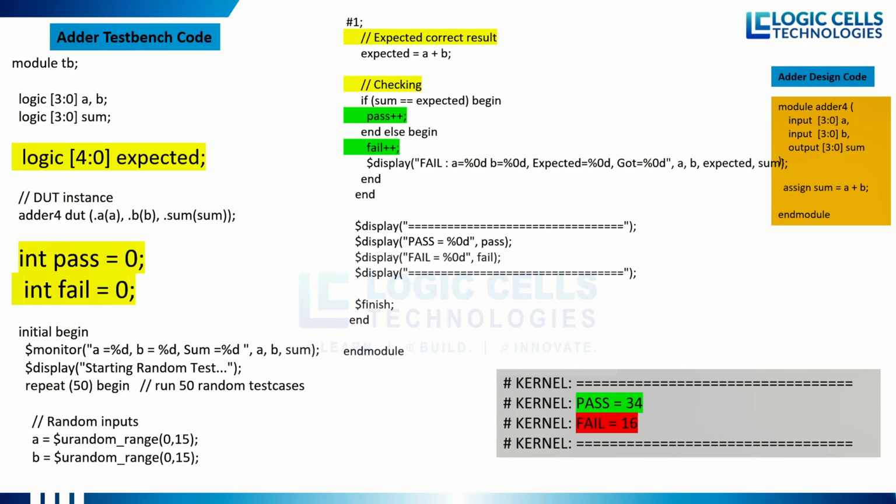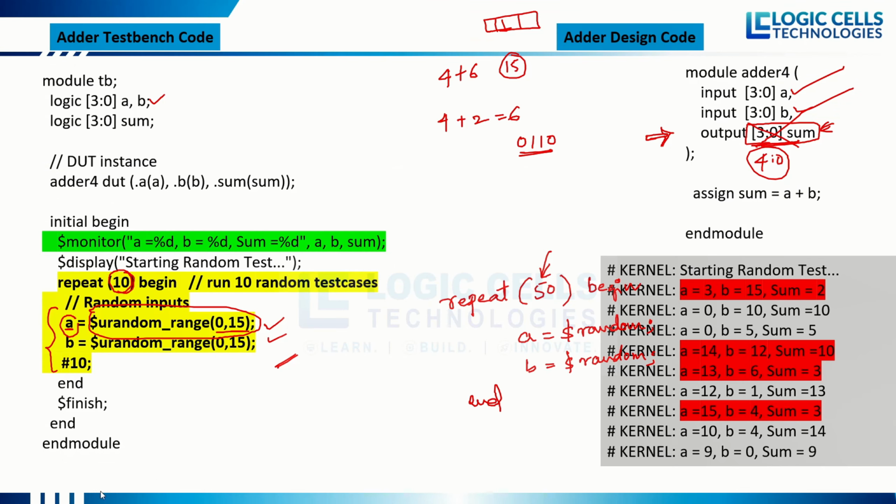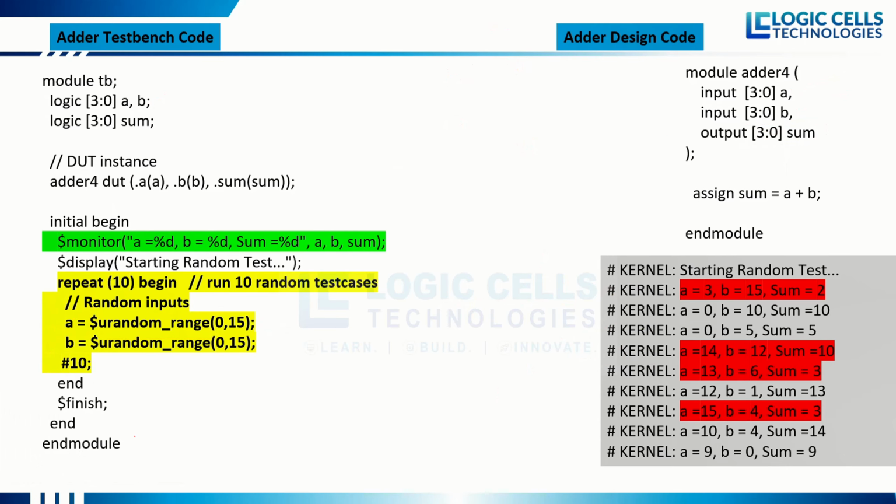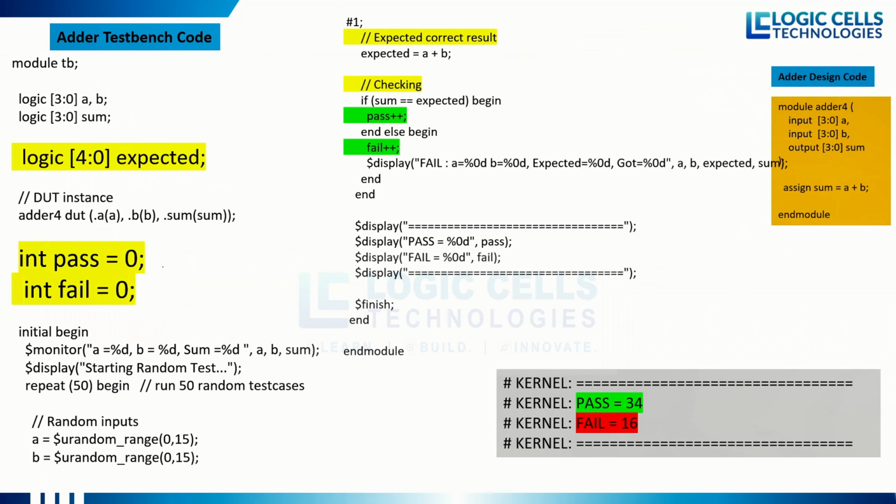So now, come to the checker in the test bench. The improvement we made to this test bench is that we added pass and fail as two variables, and we know that we need the expected value as a 5-bit value. So we added 4 down to 0 here for expected, right? And we also added expected is equal to A plus B as internal calculation, and if sum is equal to expected, we are incrementing pass, otherwise fail.